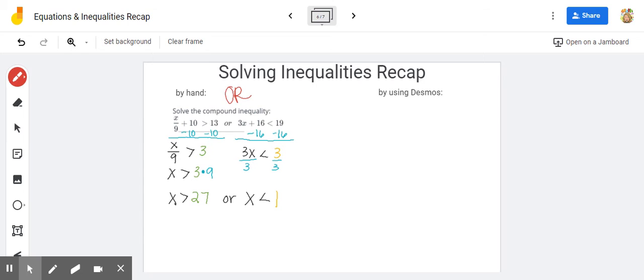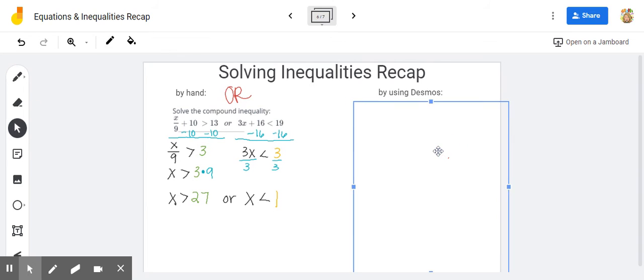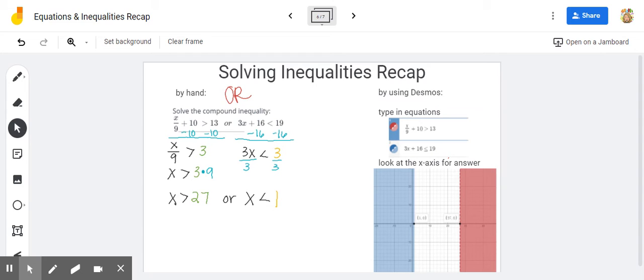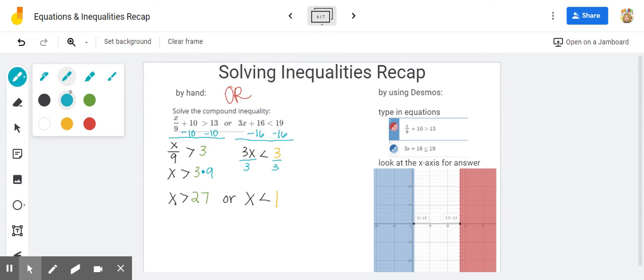Now, if you don't like doing it by hand, could we use Desmos to help us out? And the answer is heck to the yes. And you'll see that if I type these in separately, ladies and gents, I should have a dotted line there at 1. And I'm shading from 1 down to the left. So that's where x is shading to the left of positive 1.